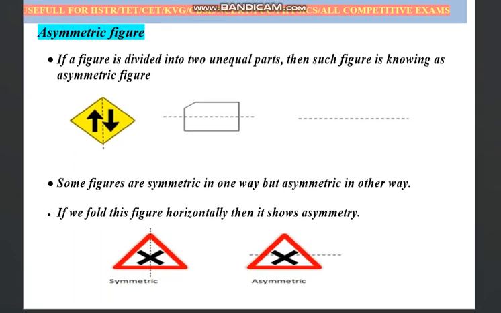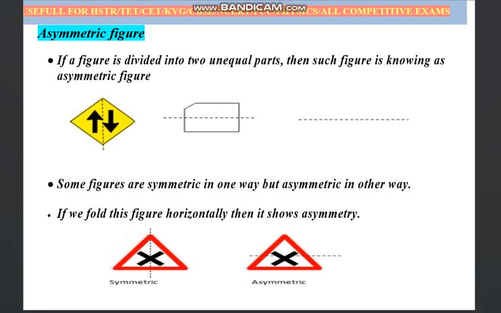Then what is the meaning of an asymmetric figure? If a figure is divided into two unequal parts, then such a figure is known as an asymmetric figure. So here I divided this figure into exactly two parts, but this upper arrow mark can't match this bottom arrow mark. When I fold on this line, this will come on this part. So this is not a symmetric figure.